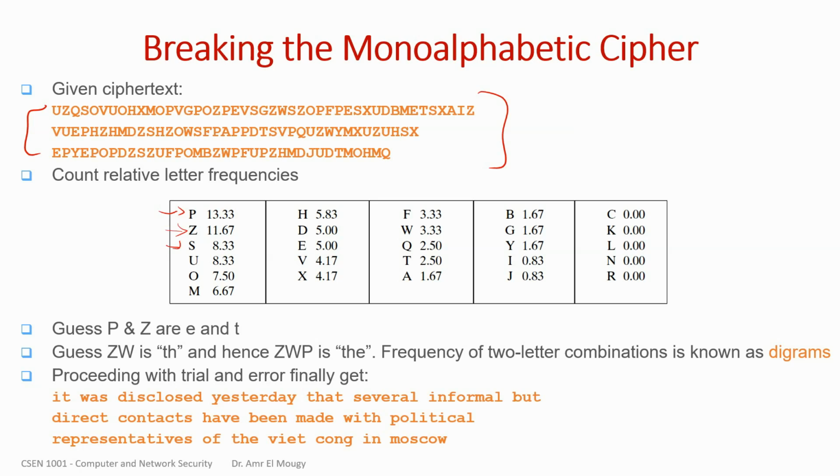Your guess is likely to be correct if you have access to a very large amount of ciphertext. The more ciphertext you have, the more likely it is that the frequencies you count correspond to the real frequencies of the English language. So if you only have access to a short phrase, then absolutely, it might just be a coincidence. P and Z might not correspond to E and T at all.